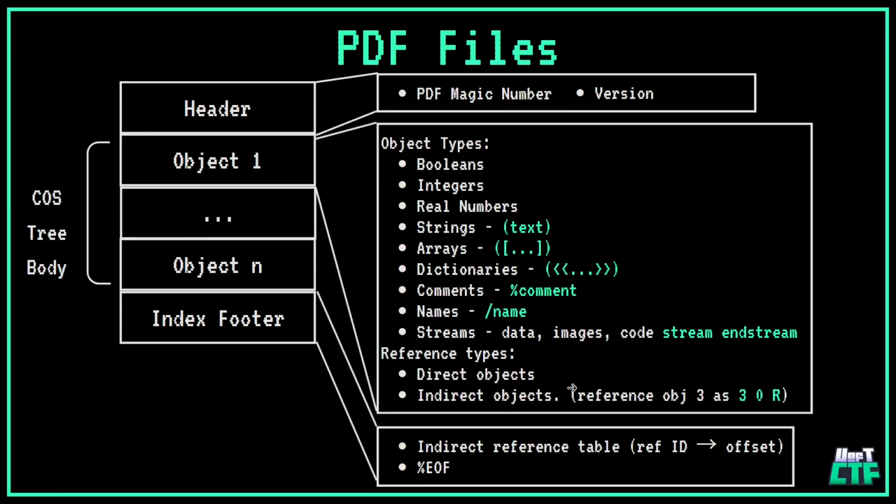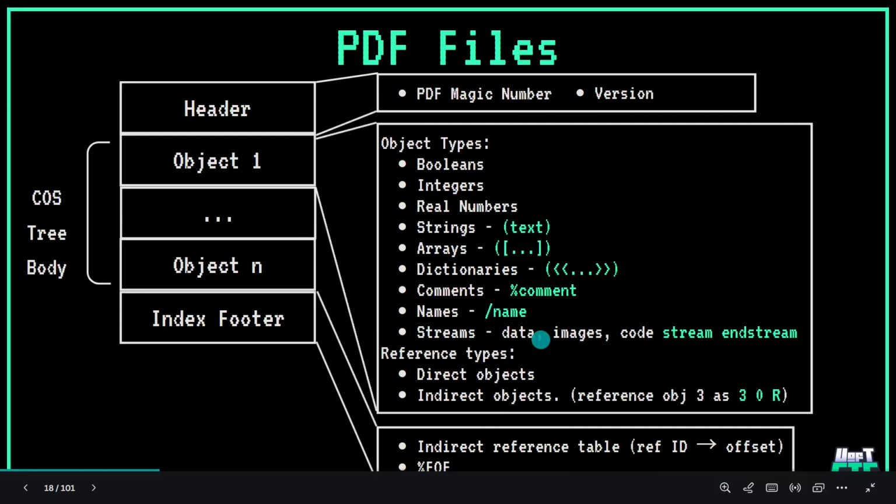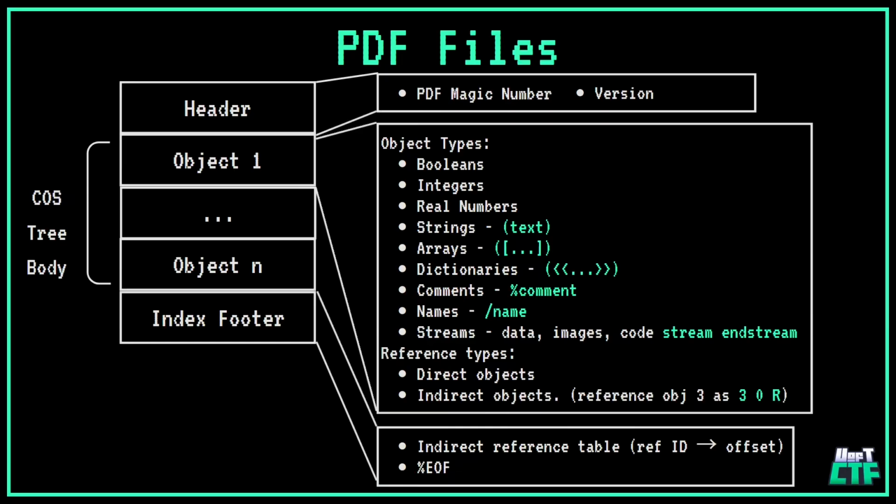You can also reference other objects. For example, you can reference another image and say this is the name of the image in another object. At the very end of the PDF file, you have a reference table, which has the reference numbers of your objects and maps them to the actual offset, the actual location in the PDF file.